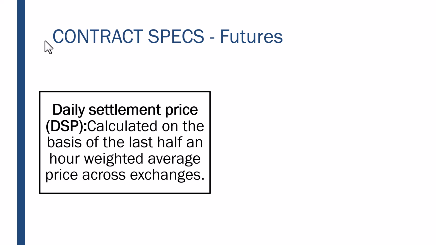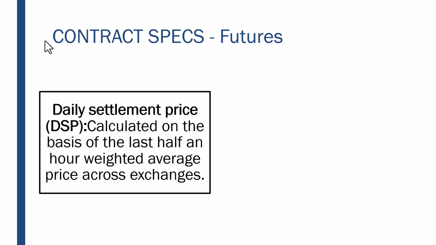Okay. Daily settlement happens apart from the margin and SPAN margins you have paid. This is to protect the whole trade. It is calculated on the basis of the last half an hour weighted average price across exchanges. Because the price in the last half an hour can fluctuate a lot, the exchange will take the half an hour weighted average price as the closing price for the daily settlement.